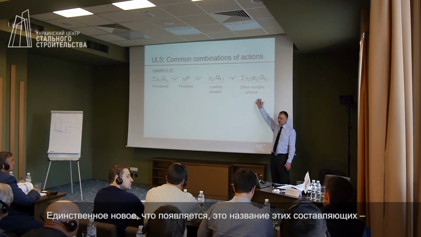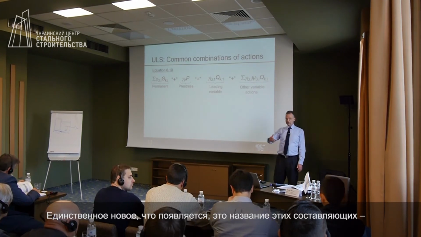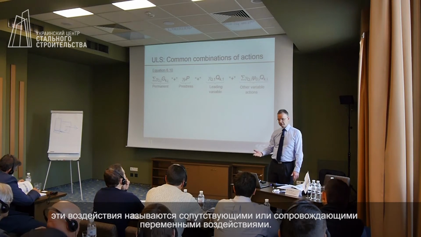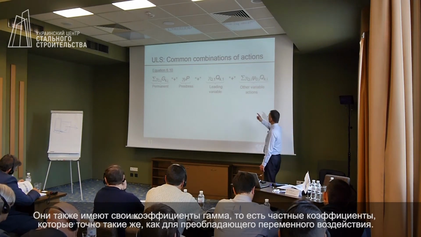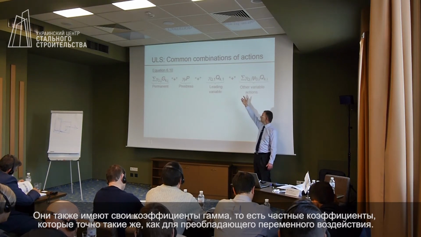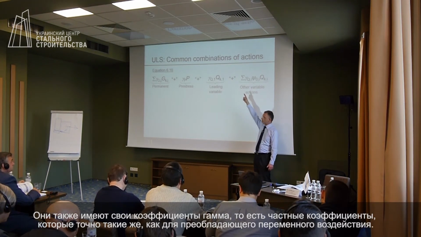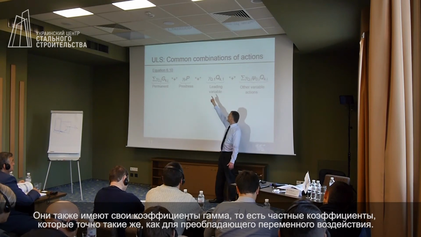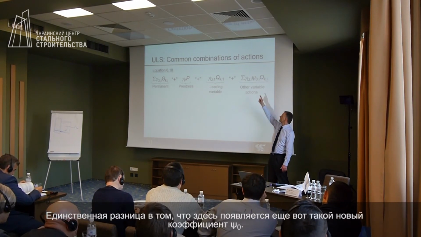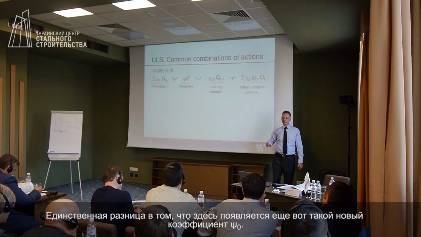So we only have a new term here, and this is commonly called the accompanying variable action. The accompanying variable action has a gamma factor, so a partial factor, and the value of that gamma factor is precisely the same as the value of that gamma factor. The only addition is that now we've got psi naught.